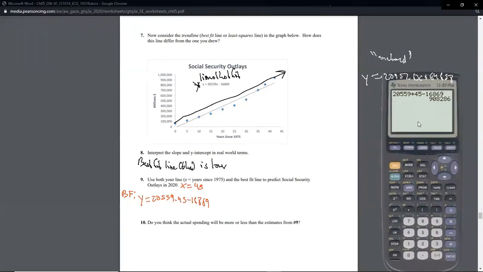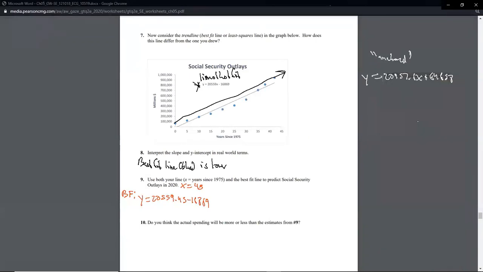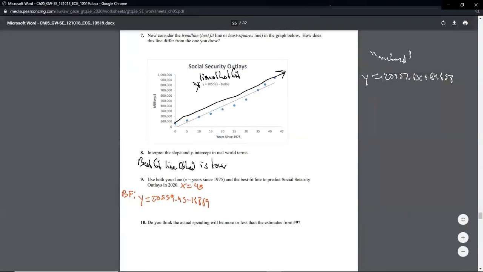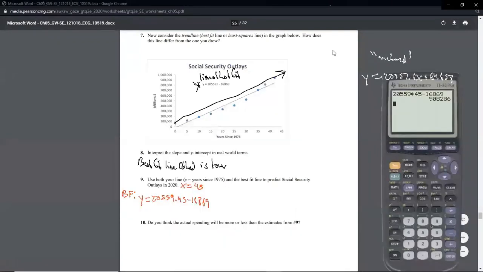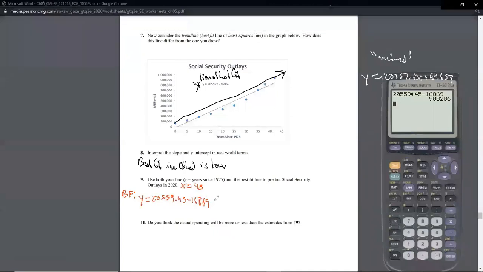Why does that look wrong? 20,559 times 45, minus 16,869. Okay, that's fine. I have a handwritten error, that's all. That's what was throwing me off. Oh, shoot. This is why I don't like that. I always get confused. So that number is 908,286.